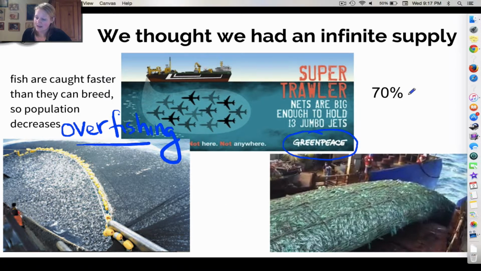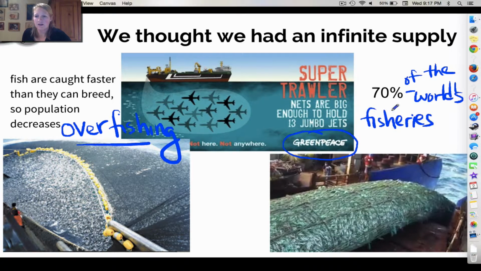In fact, this 70% is saying that 70% of the world's fisheries are at this point overfished. So a little concerning. 70% of the entire world's fisheries are overfished. That's a little bit of a problem.